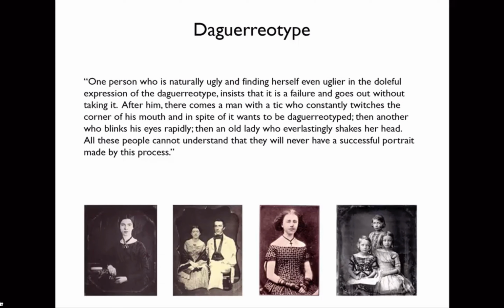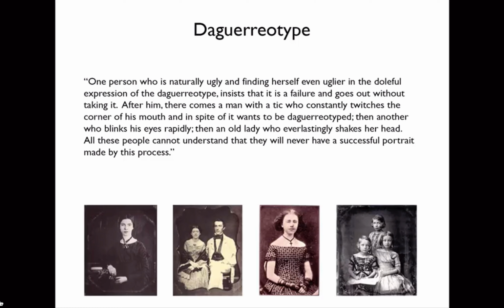And I'm going to read a couple of quotes for you so you understand a little more how hard it was to get an image right. "One person who is naturally ugly and finding herself even uglier in the doleful expression of the daguerreotype insists that it is a failure and goes out without taking it. After her, there comes a man with a tic who constantly twitches the corner of his mouth and in spite of it wants to have a daguerreotype.